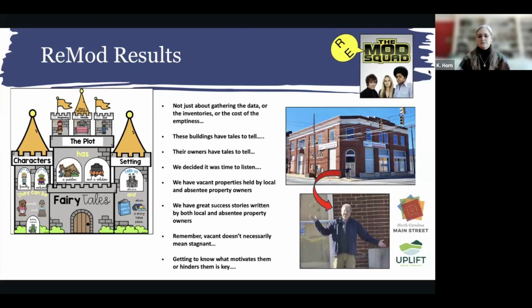There's a lot to these little guys that takes time, and it may look like something is not happening with the building when in fact it is. So vacancy doesn't always equate to something being stagnant. So it's important to understand what's going on with that building and the property owner. Next slide.